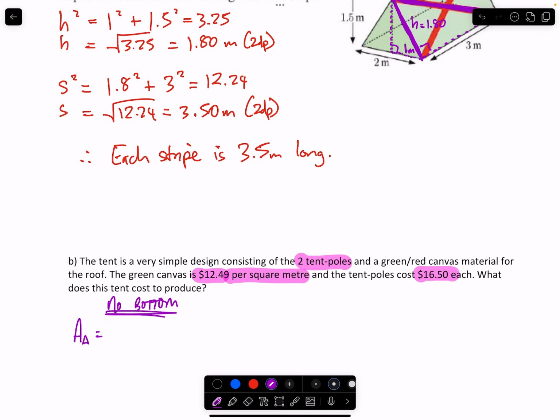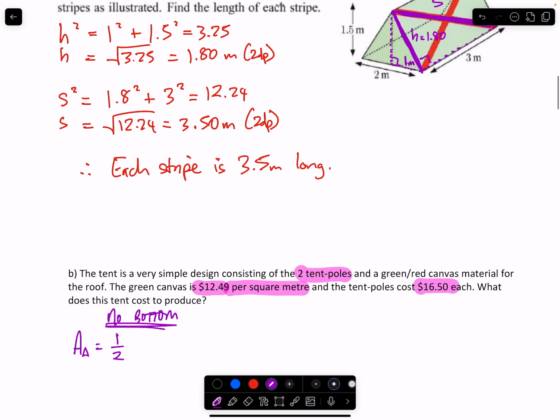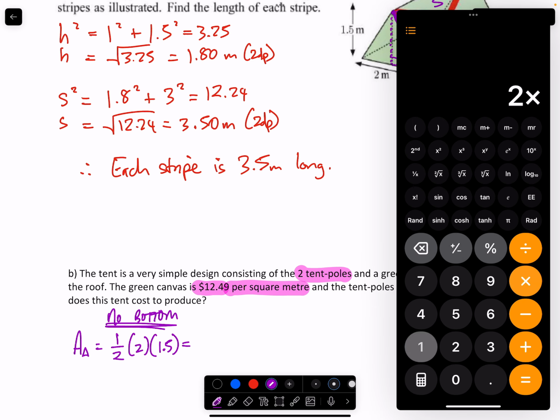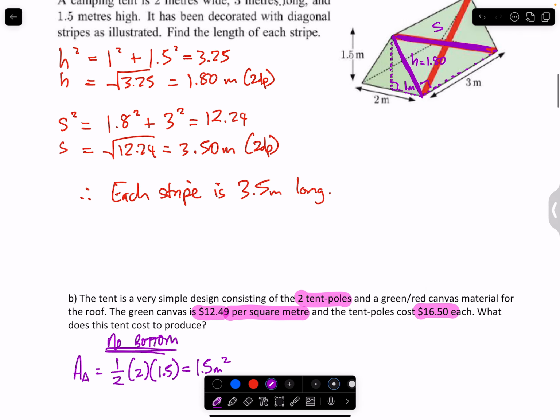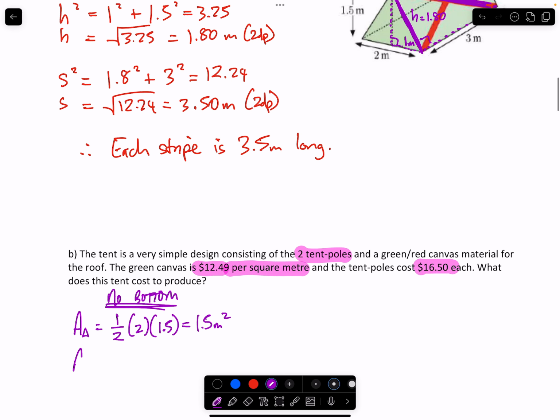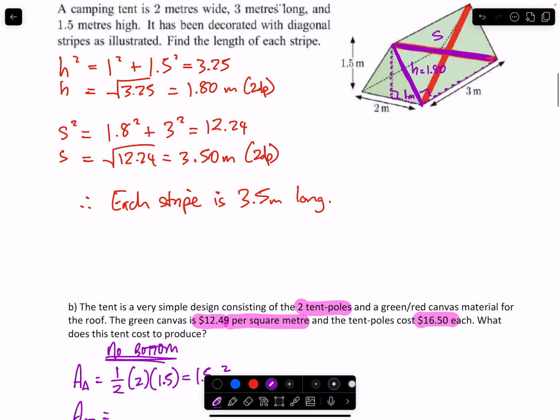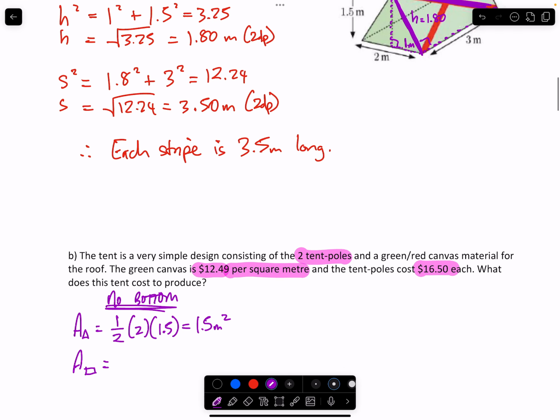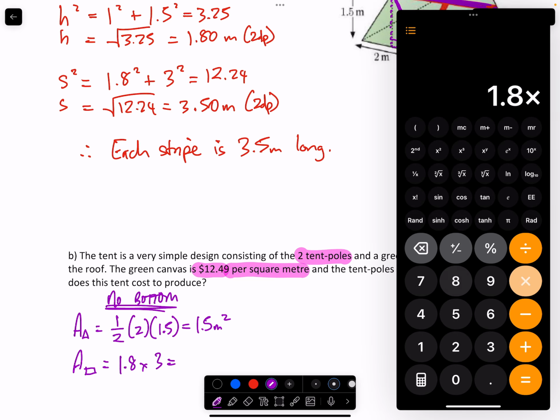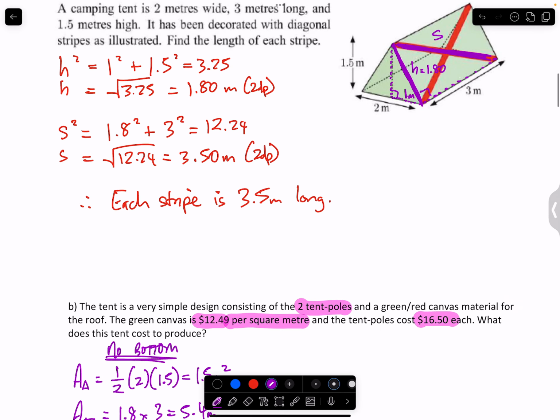Area of a triangle is half base times height: 2 times 1.5 divided by 2 is 1.5 square meters. The area of the rectangle is length times width, 1.8 times 3, which is 5.4 square meters.